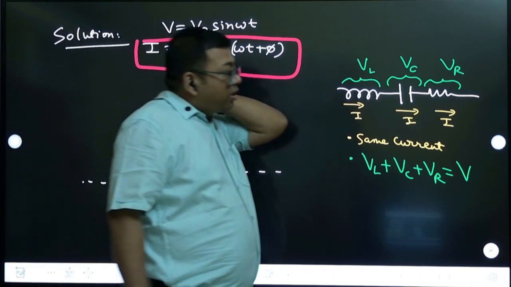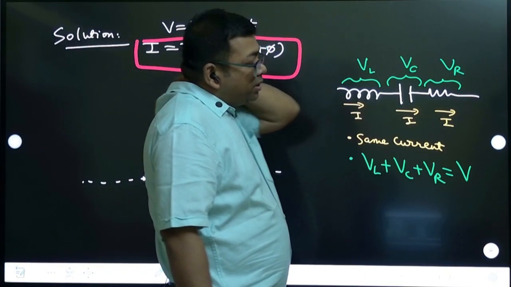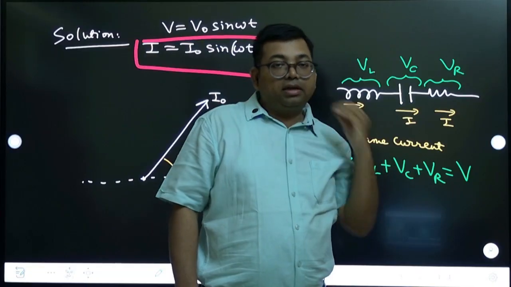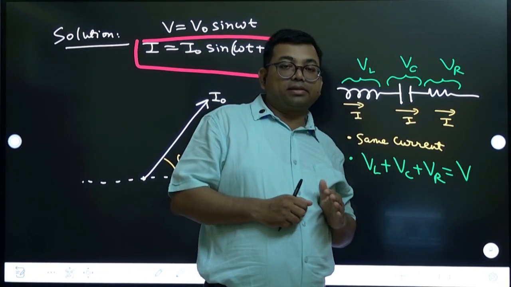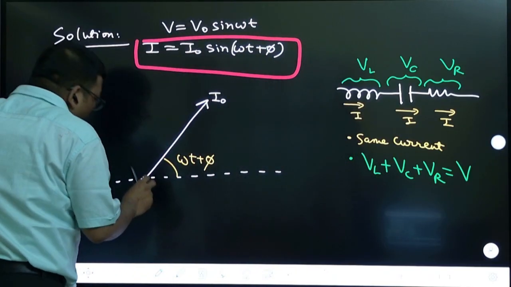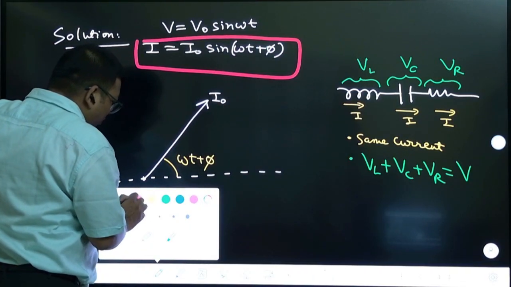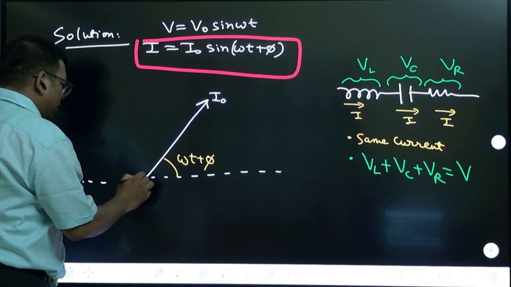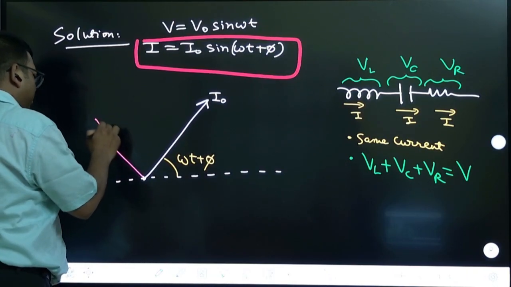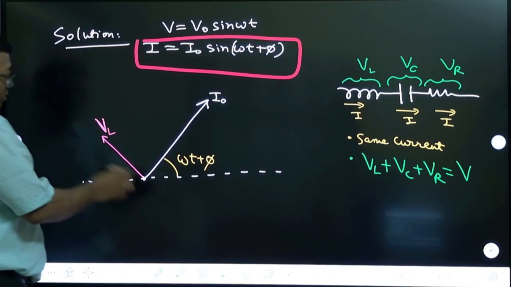Okay, so now you see this. Let us study the inductor. In an inductor, what happens? Current is lagging by 90 degrees, right? So now let us draw the voltage VL. Voltage VL must be leading, since current is lagging. So this is VL.